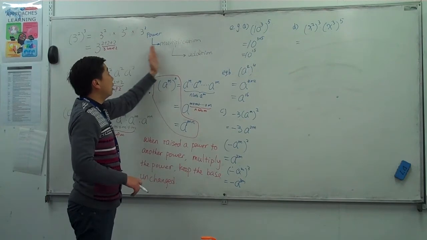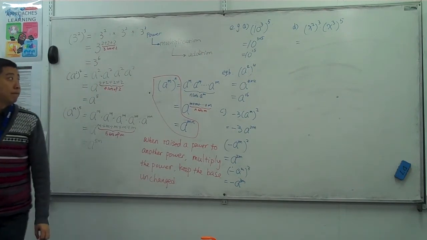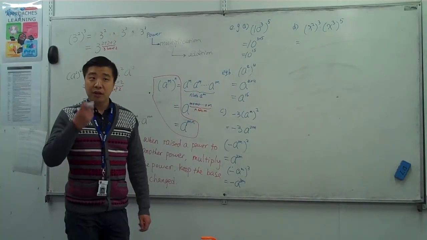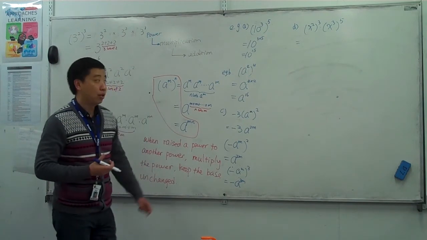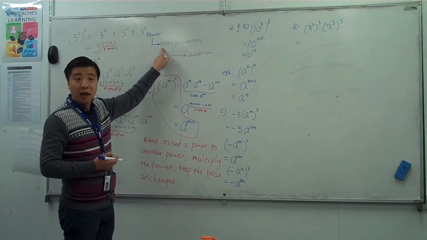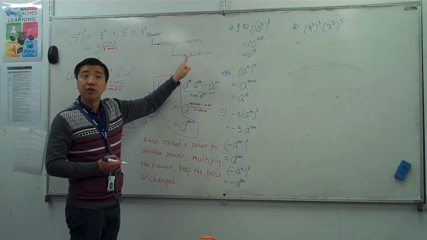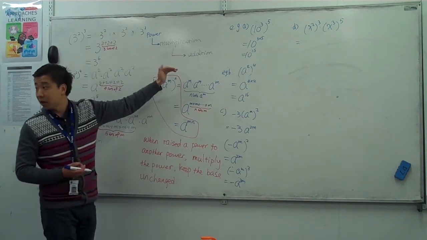Okay, power, multiplication, and addition. The very important thing is you have to understand on which occasion you need to multiply the index, and in which situation you add the index. Okay, you just follow this hierarchy.